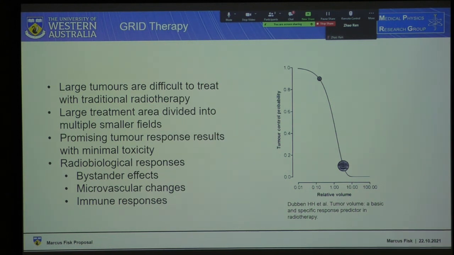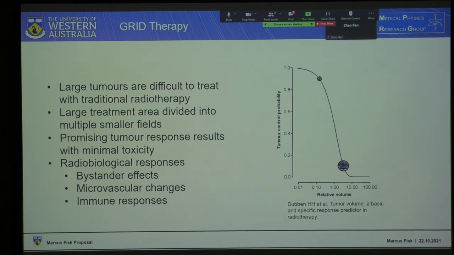So grid therapy tries to overcome this by treating a large treatment area and dividing it into multiple smaller fields. The basis of this is that hopefully the tumor killing of the cells is less affected than the normal tissue is benefited.